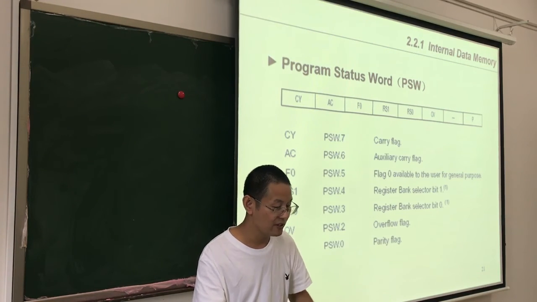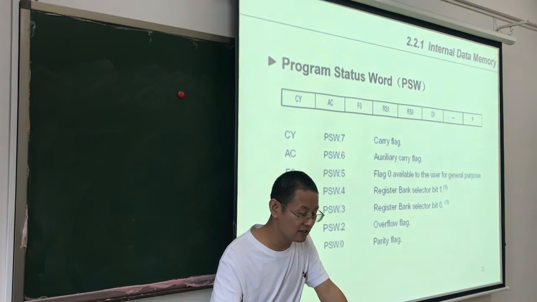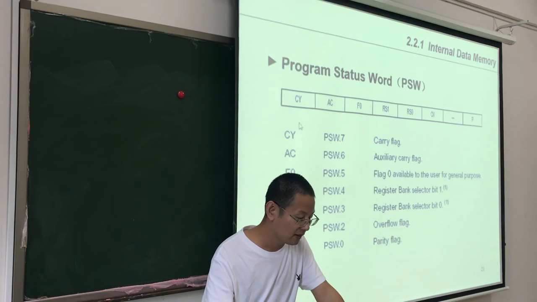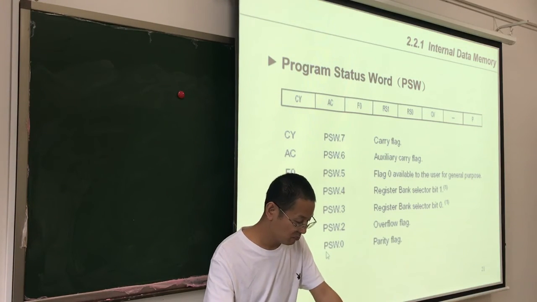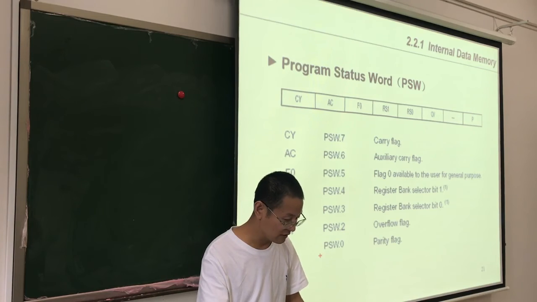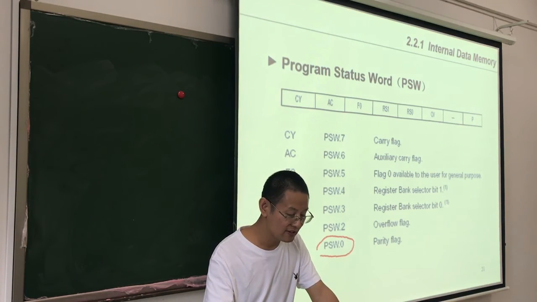This is the PSW, program status word. Every bit has its use. PSW.0 is the parity flag.